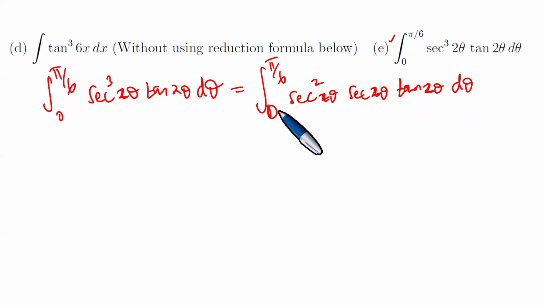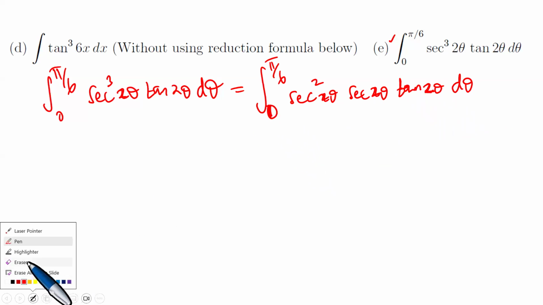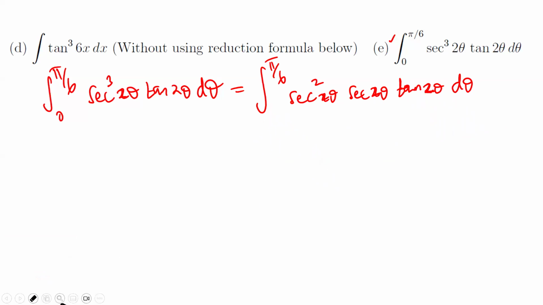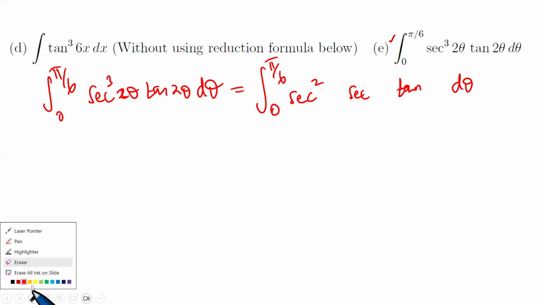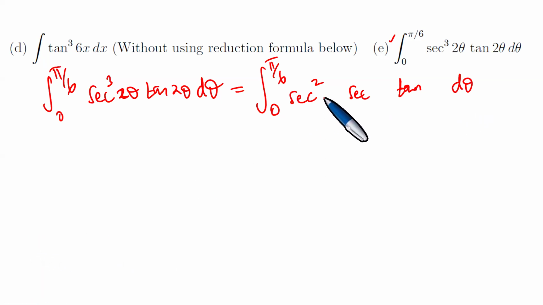Right, so, okay, we have that. We know that secant cubed can be written like this: as secant squared times secant.